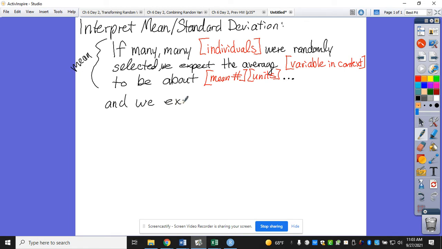And we expect the number of, it could kind of change, and we expect that to vary from the mean.